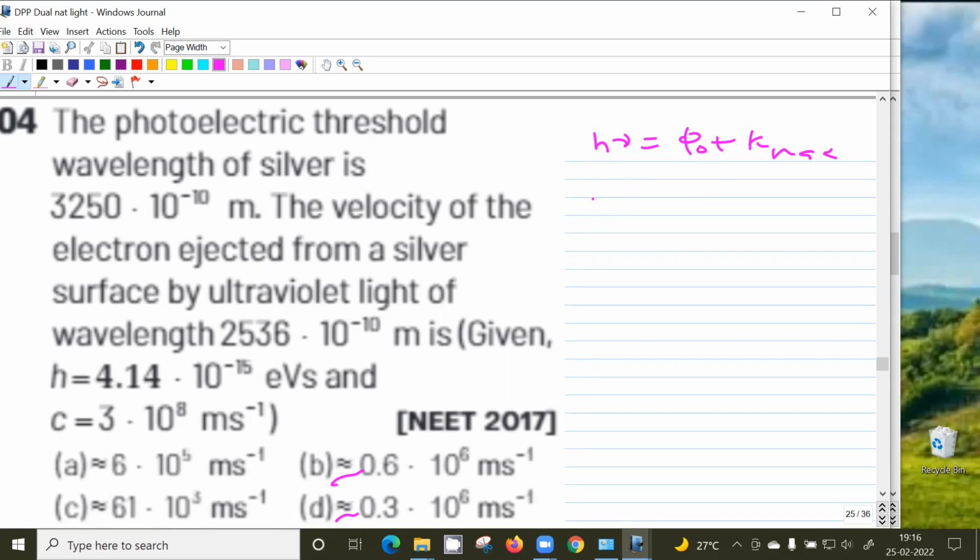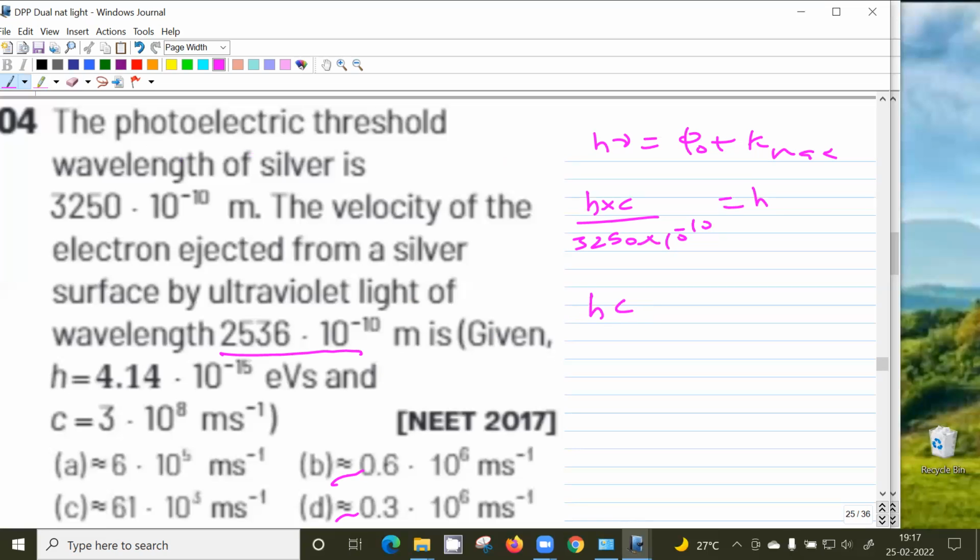Actually, before putting the numbers, you just have to simplify it and then finally put the numbers.